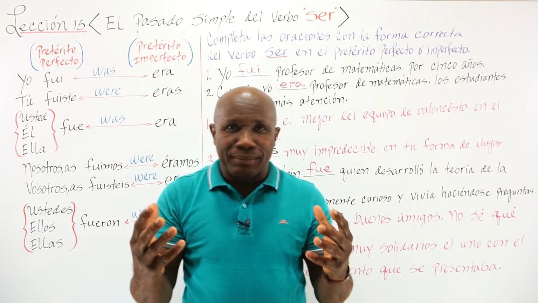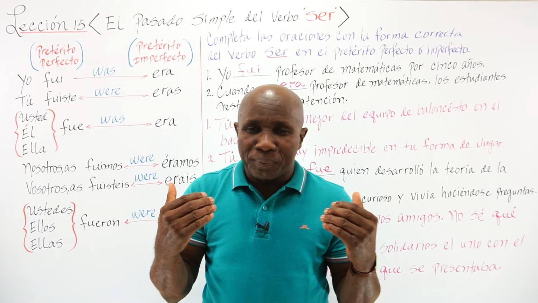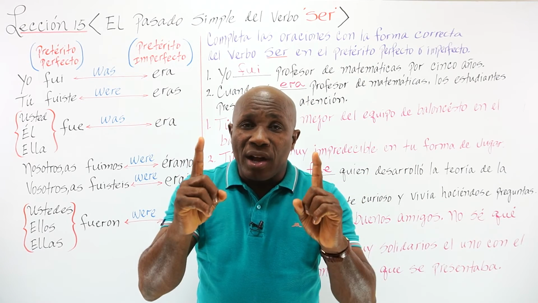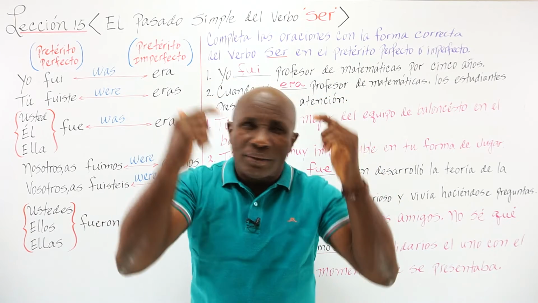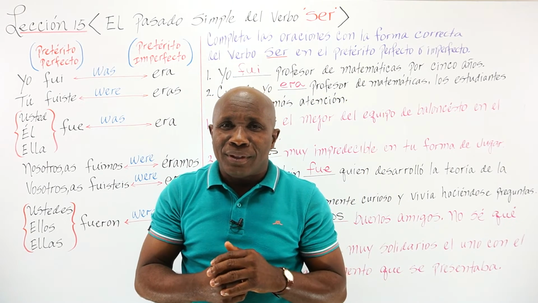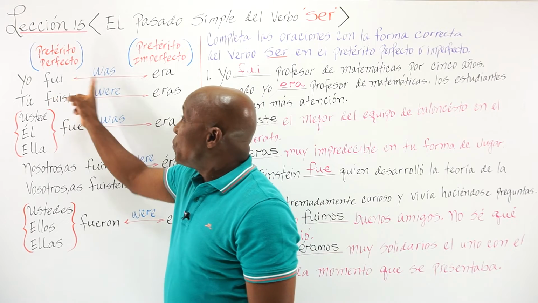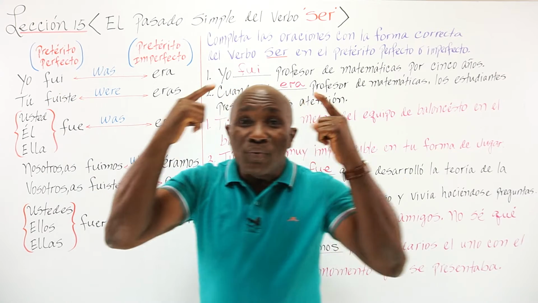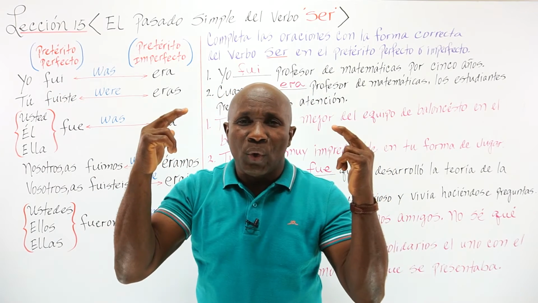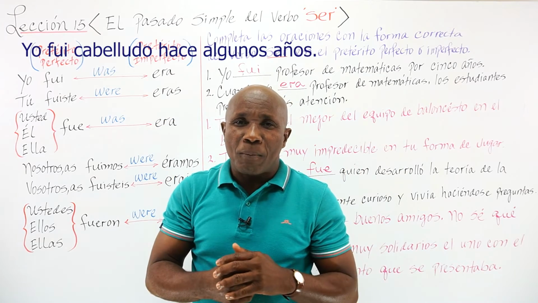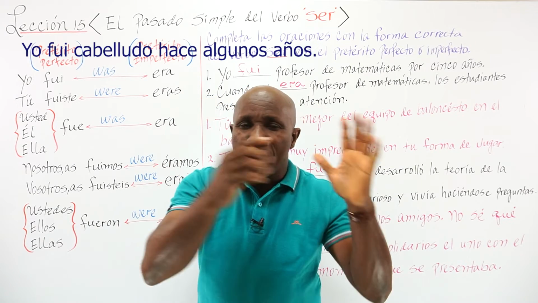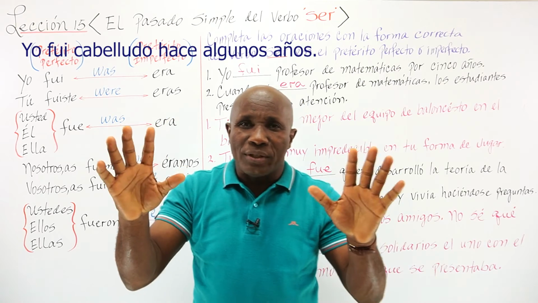Well, I'll make an example with myself. I was hairy some years ago. Yo fui, right? Yo fui cabelludo hace algunos años. I was hairy a few years ago. You see, that's a situation. It's permanent.